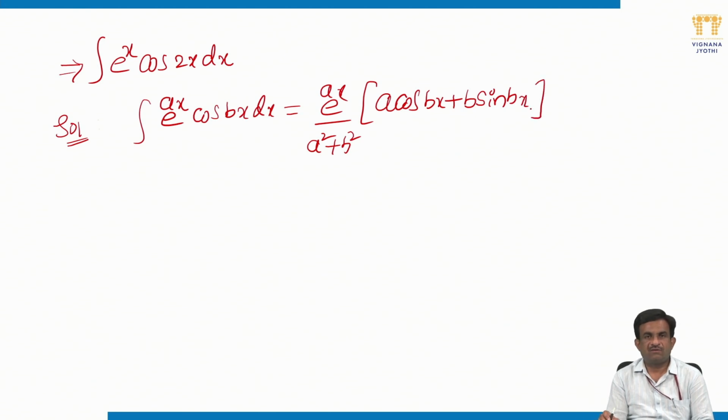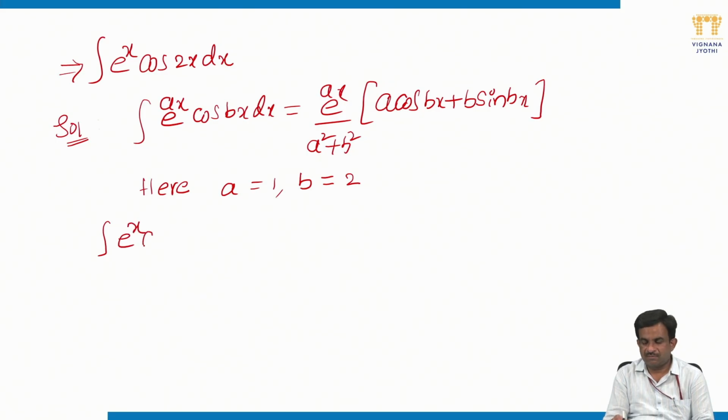If you know this standard formula, you can evaluate integrals of these different types of examples. Comparing this formula with the given example, a is equal to 1 and b is equal to 2. So let us use a equal to 1 and b equal to 2 in this formula.